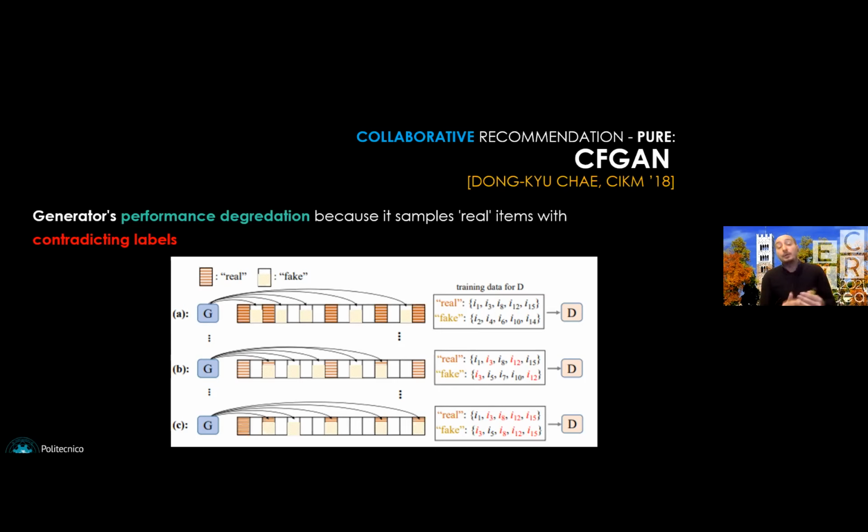And in the long term, the generator begins to produce adversarial samples that are basically identical to the ground truth. So to avoid this problem and basically to avoid misleading the discriminator, CFGAN produces long vectors instead of a single discrete value. So continuous values.